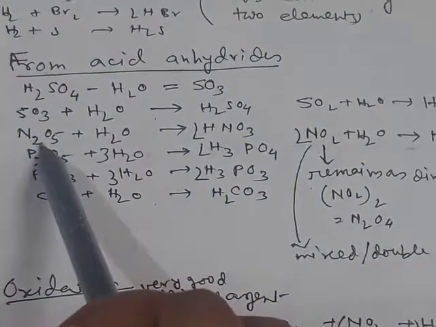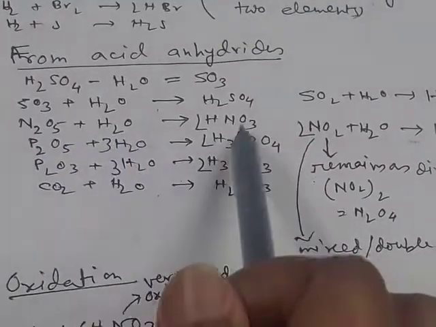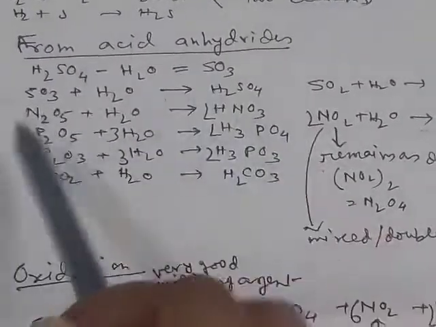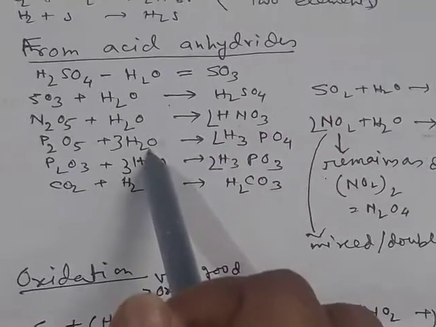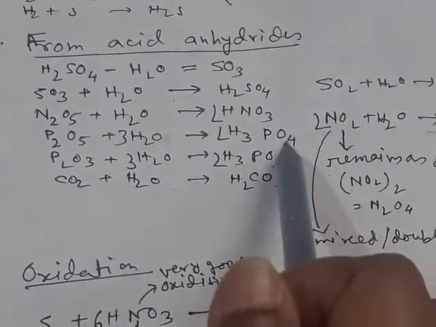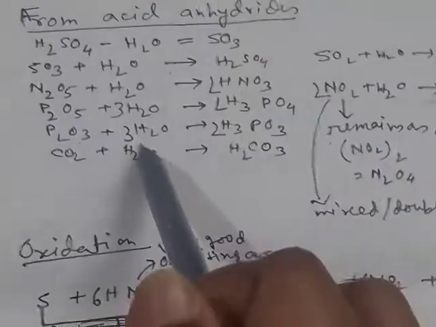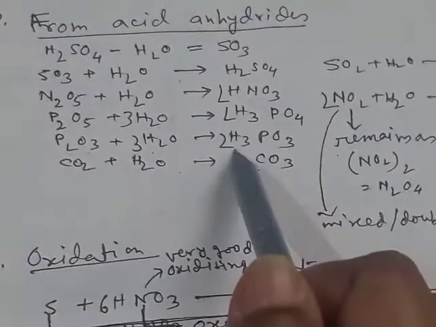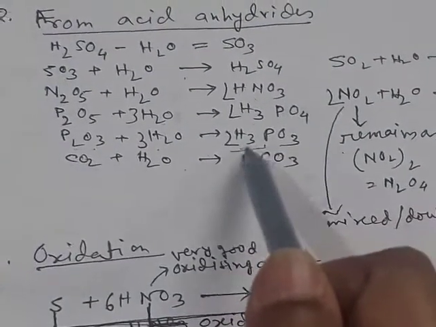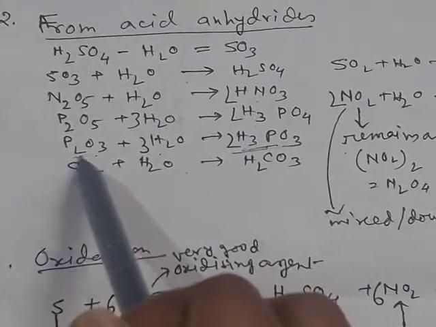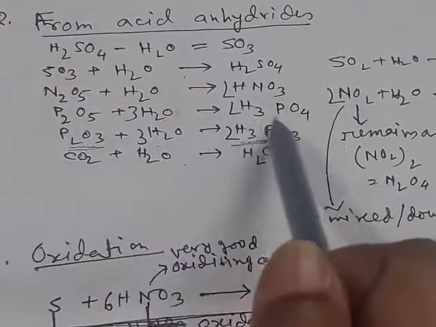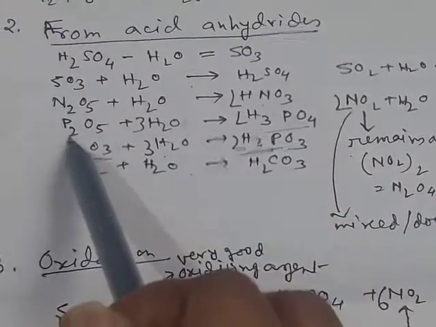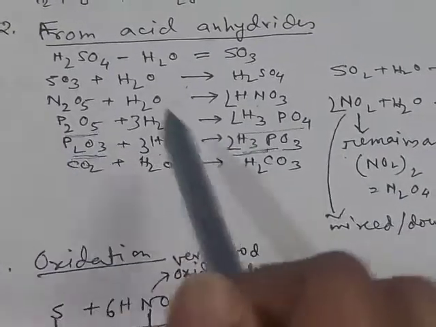Nitrogen pentoxide, when it reacts with water, forms nitric acid. Phosphorus pentoxide reacts with water to form phosphoric acid. Phosphorus trioxide reacts with water to form phosphorus acid. So, for phosphorus acid, the anhydride is phosphorus trioxide. For phosphoric acid, the anhydride is phosphorus pentoxide.